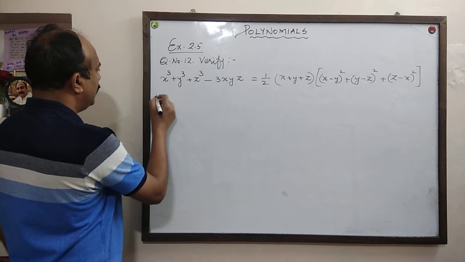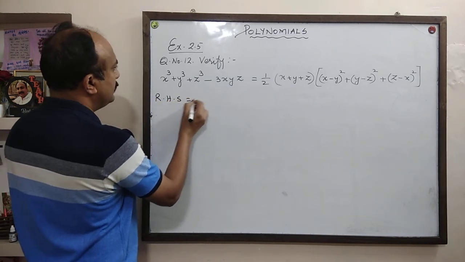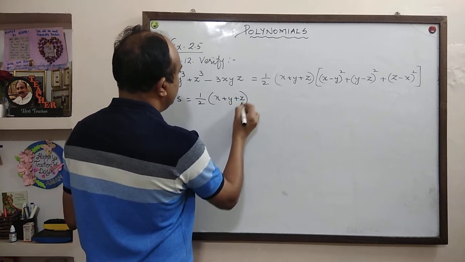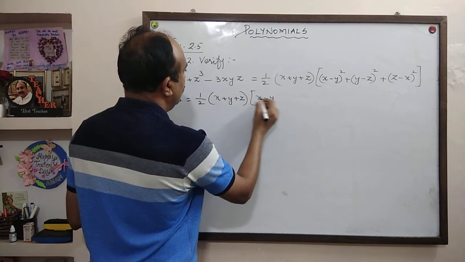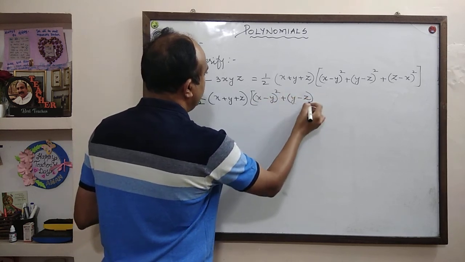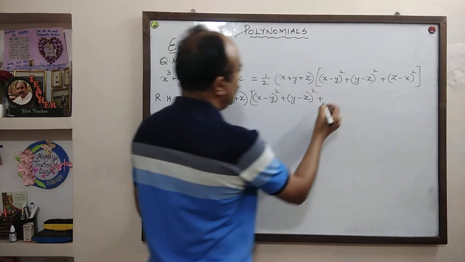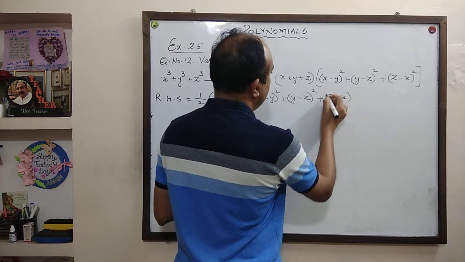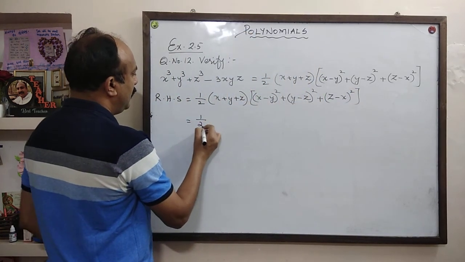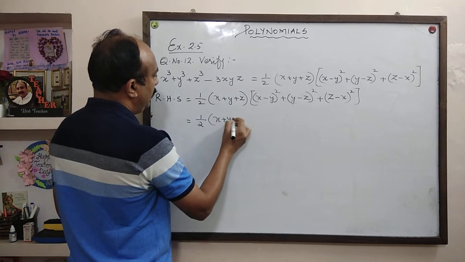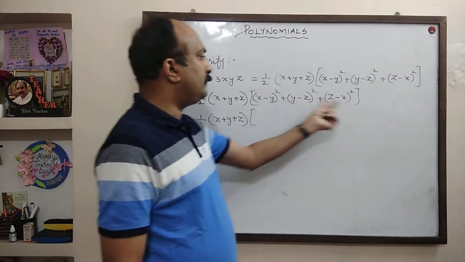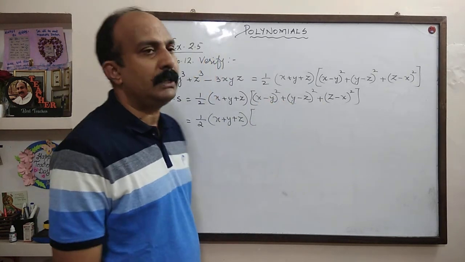So take the RHS. RHS is equal to half into x plus y plus z into x minus y the whole square plus y minus z the whole square plus z minus x the whole square, is equal to half into x plus y plus z into, now open each of these brackets using the formula a minus b the whole square.